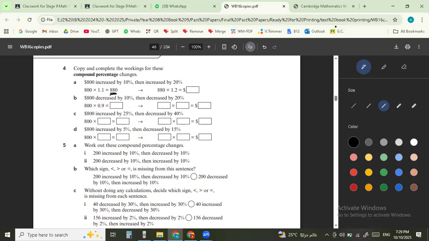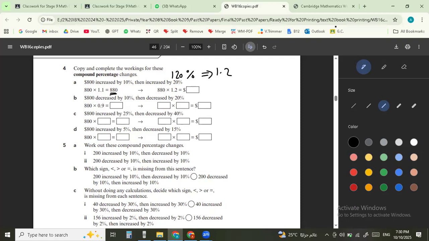Then you take the 880 and multiply it by 1.2. Why? Because they said then increased by 20%, which means 120%, and the multiplier is 1.2.